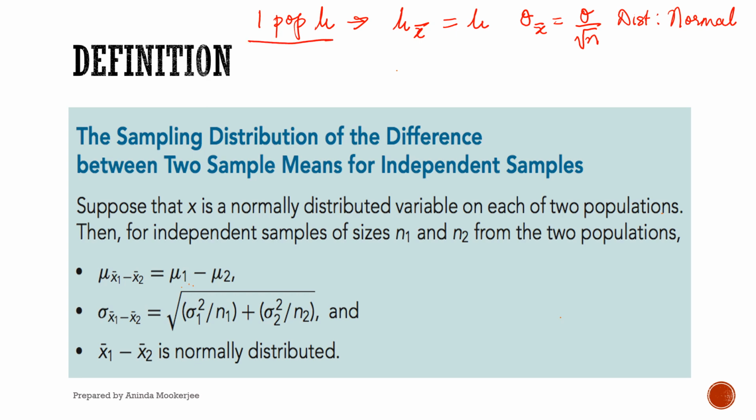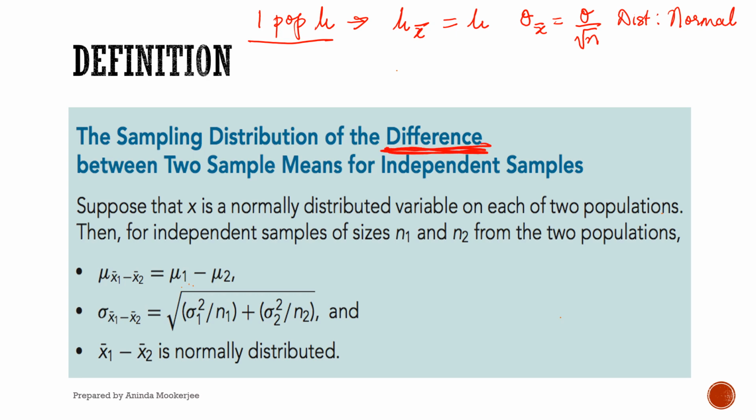Now that we are working with two populations and therefore two sample means for independent samples, let's look at what the distribution is like. When we compare two means, we are always looking at the difference of two means. Keep that big and bold in front of you. We are looking at the difference.